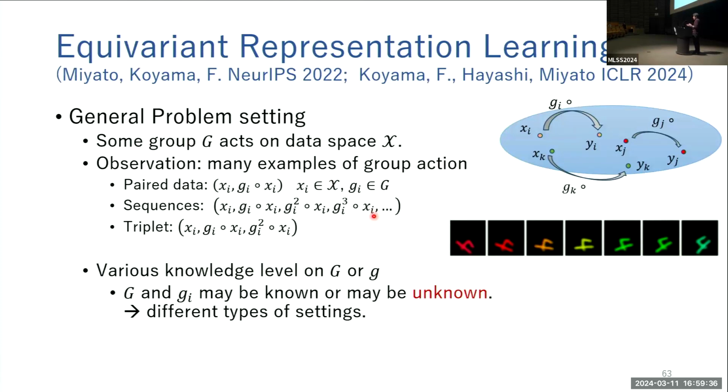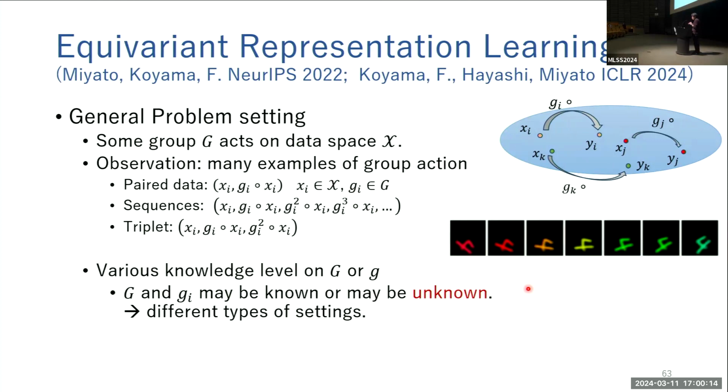For extracting the group action, we are expecting to see some meaningful data structure in the sequence of data or group action from the data. One important thing is that we may not assume knowledge about the group G or the element g driving the paired data or sequence.